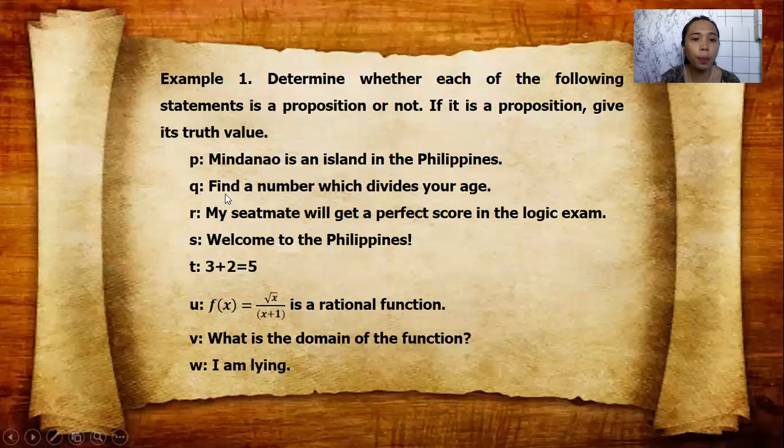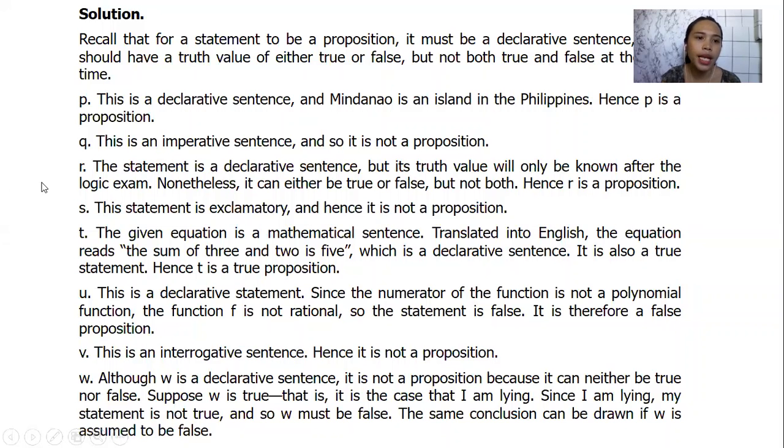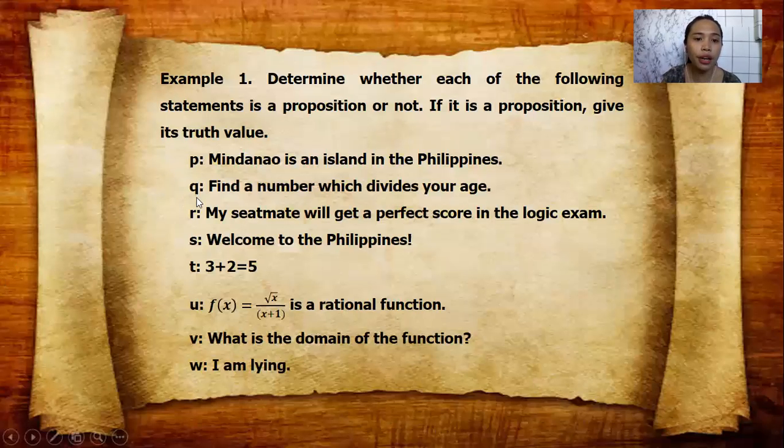Q is the proposition, find a number which divides your age. Okay. Now, your Q is an imperative sentence. What do we mean by imperative sentence? When we say imperative sentence, it's a sentence that forms a command or a request. As you can see, your Q here is asking for us to find a number that will divide your age.